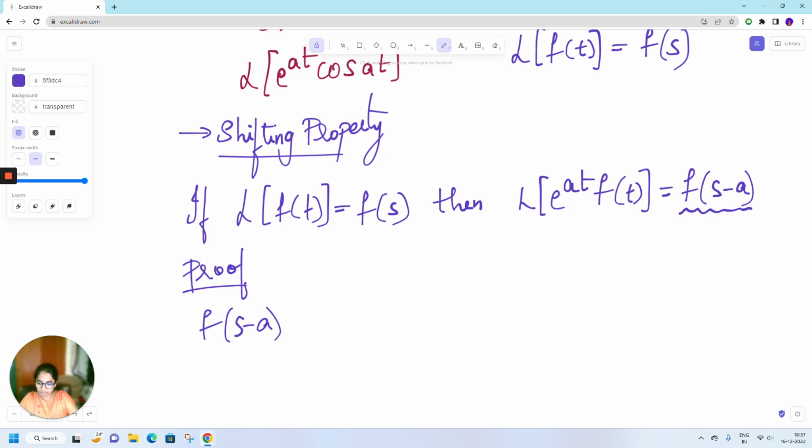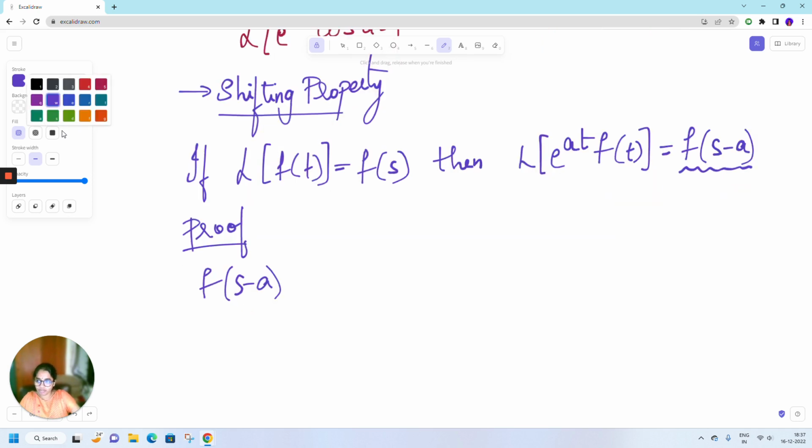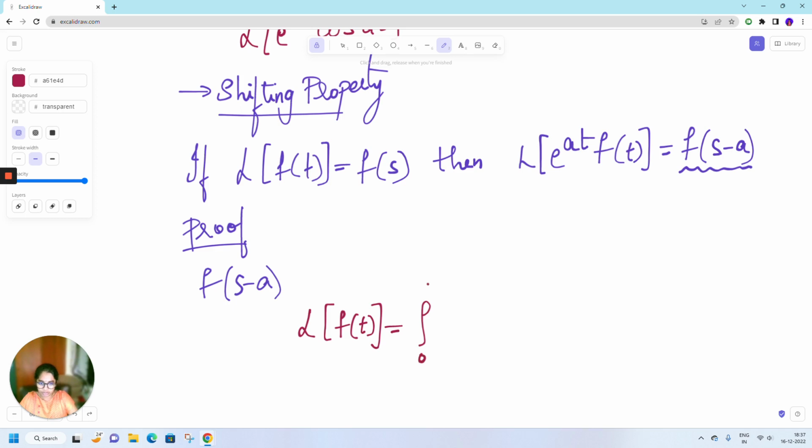From the definition of Laplace, what was the definition? Laplace of f of t is equal to integral from 0 to infinity e power minus st f of t dt. As I told you, we can write this Laplace of f of t as f of s.